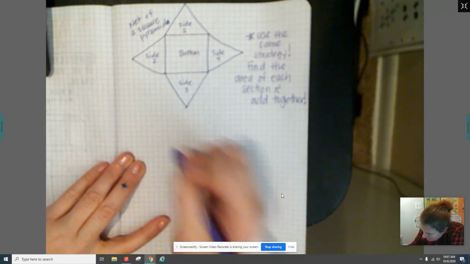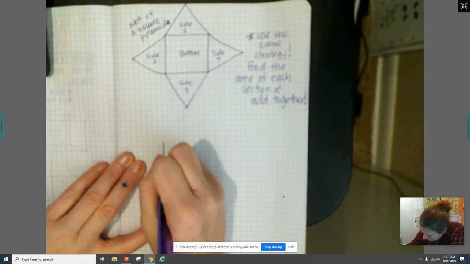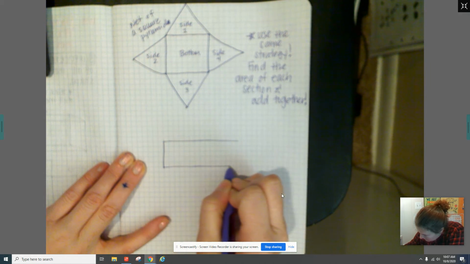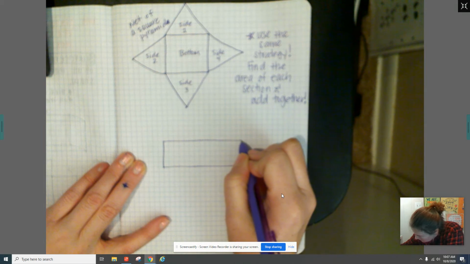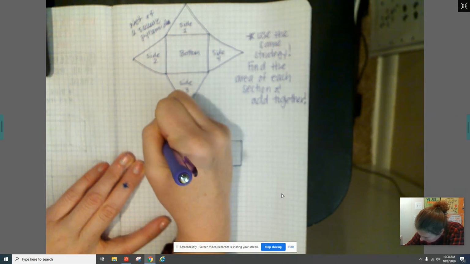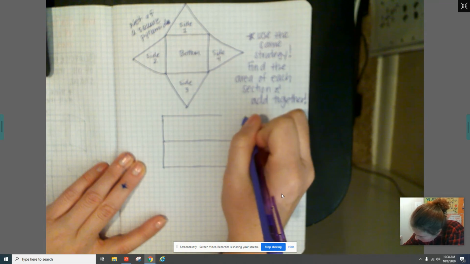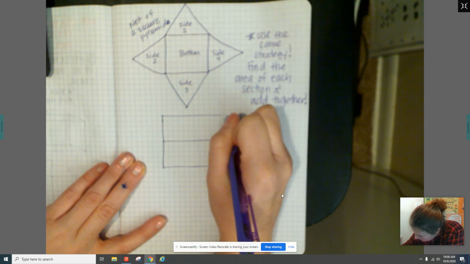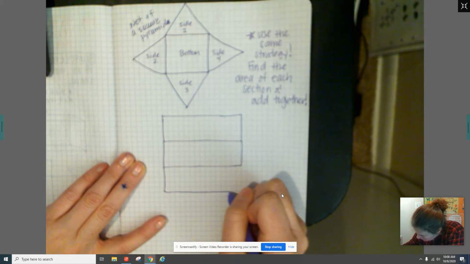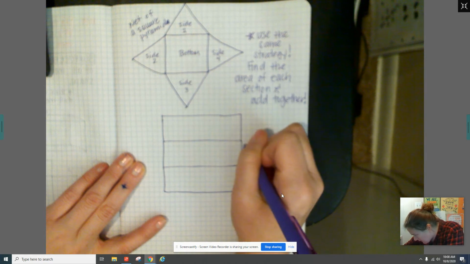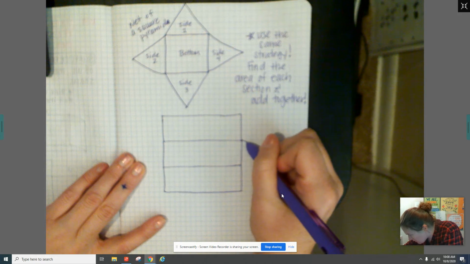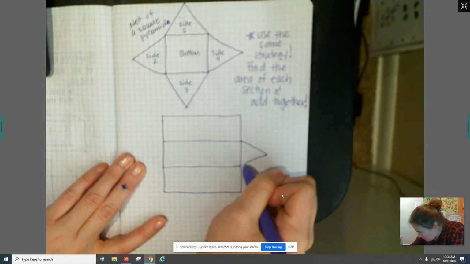So my vision here, it looks like this. It's going to have one side up, one side here, one side going down, and then it's going to have triangles on the side.